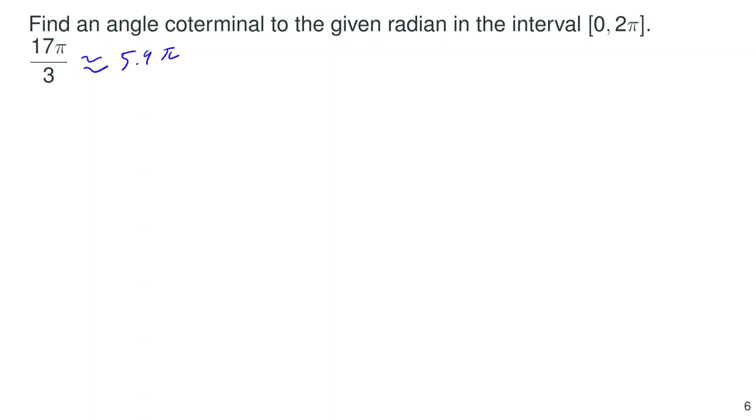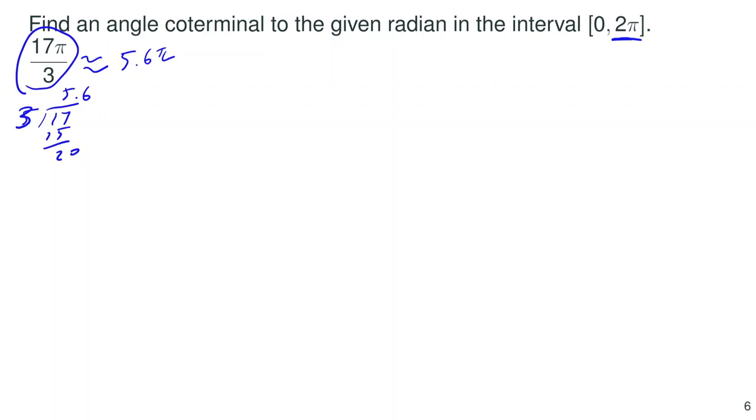So 17 divided by 3 is 5.6, so it's not 5.9. It's about 5.6 pi. The point of doing this is just to show that this angle right here is bigger than 2 pi, so it's out of the given interval.